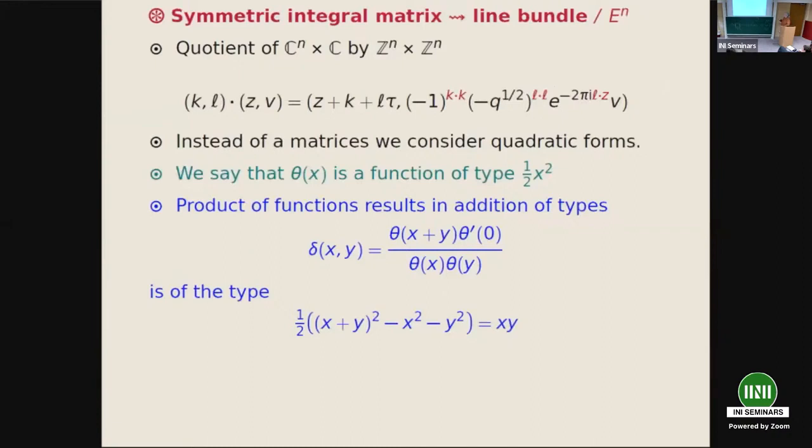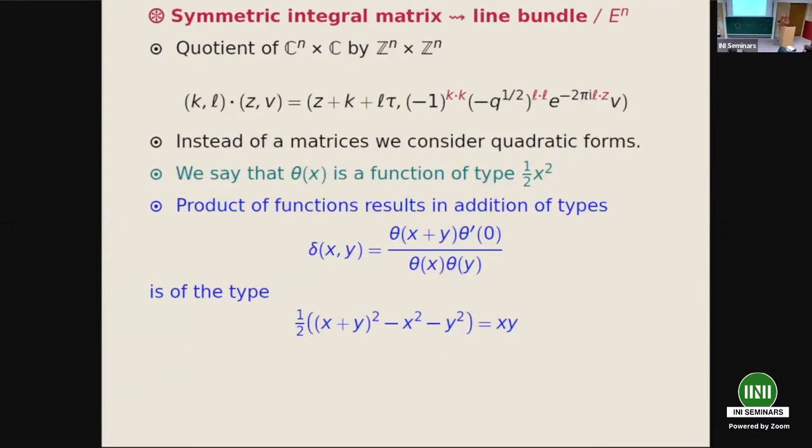Okay, and we can extend it. By Mumford, I think there are lectures on that, the bundles over the product of elliptic curves are determined up to transition by a quadratic form. These are some transitions of the functions. So if you have a combination of theta functions depending on different variables, you can think of it as a section of some line bundle over a product of elliptic curves.